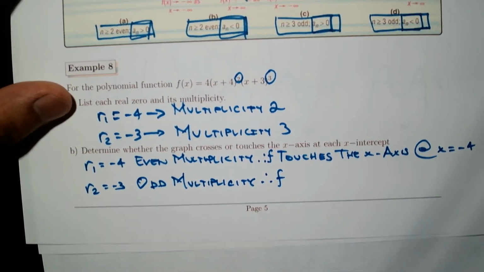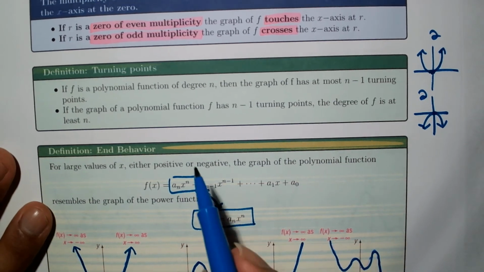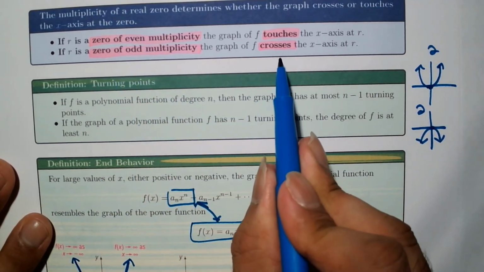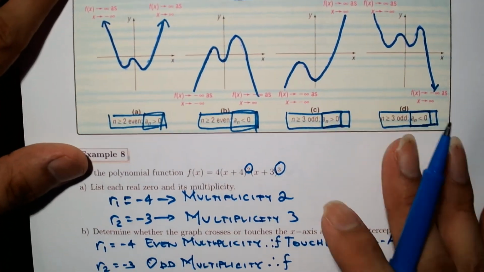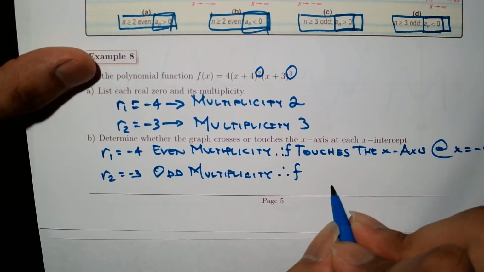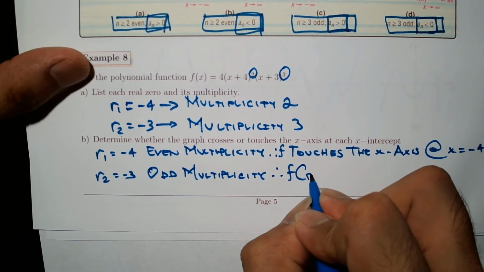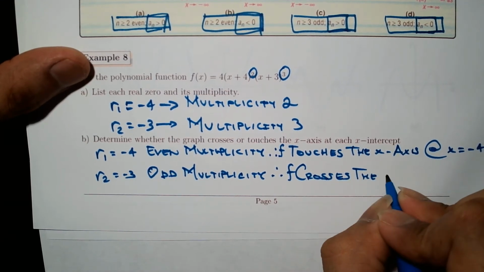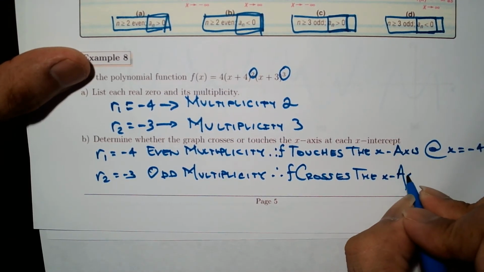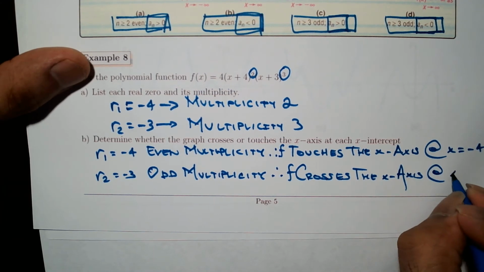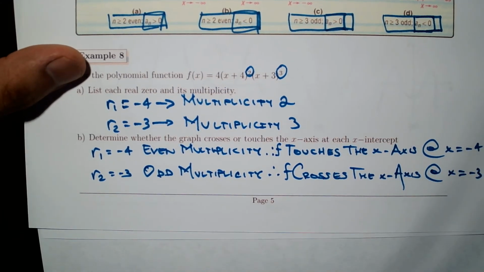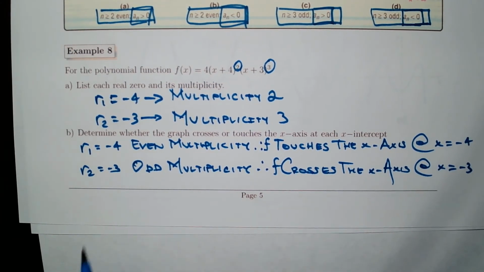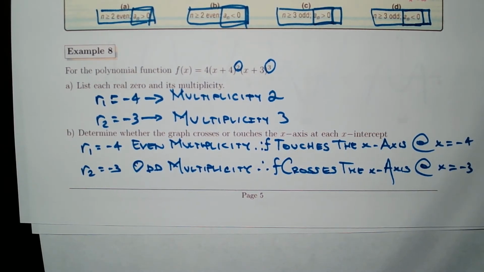Therefore, f crosses the x-axis at x equals -3. And these are going to be the ideas that we put together when it comes to describing and analyzing polynomial functions.